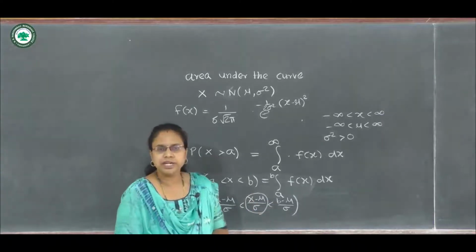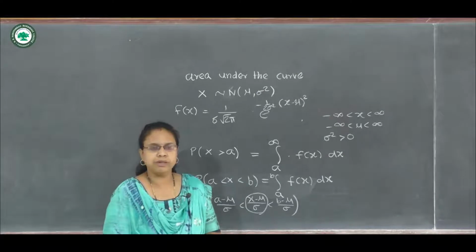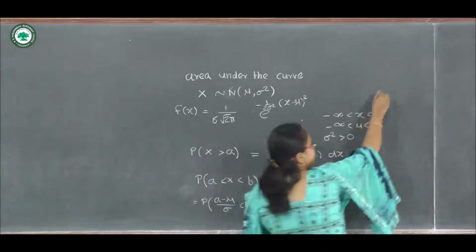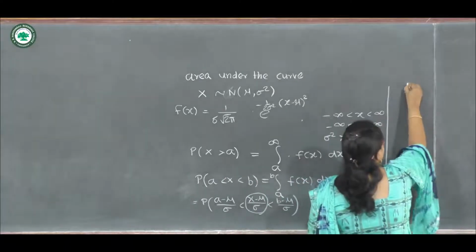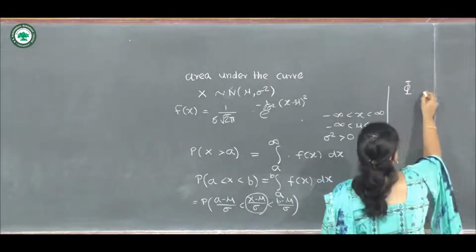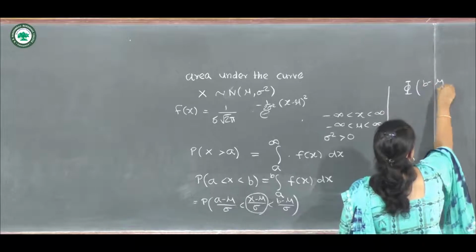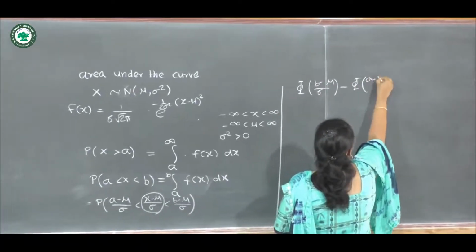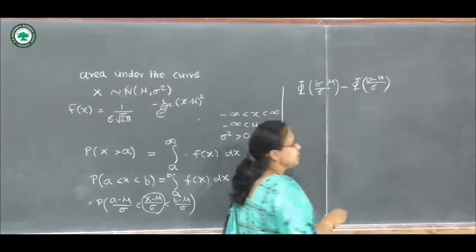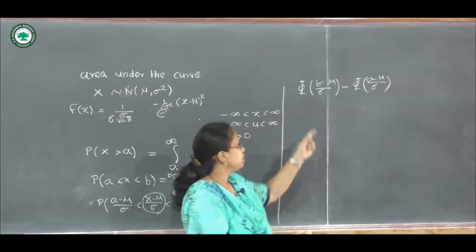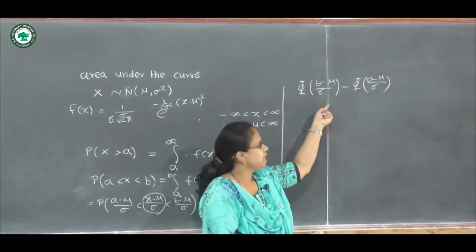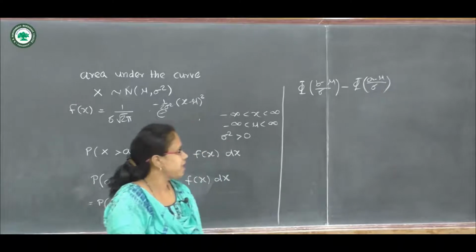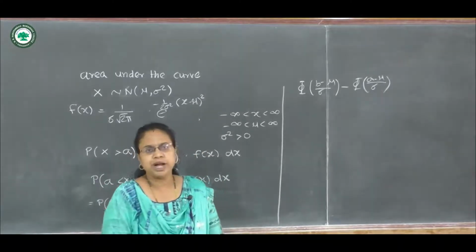So we have converted this variable to standard normal variable. Then we are going to obtain these probabilities by using the standard normal table. So this is phi of (b minus mu upon sigma) minus phi of (a minus mu upon sigma). So this is actually the CDF, meaning cumulative distribution function, and from that we can obtain these probabilities by substituting the values of a, b, mu and sigma.